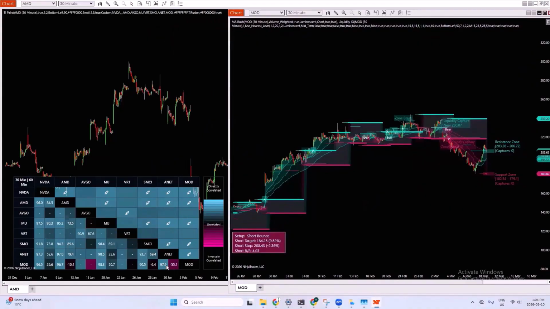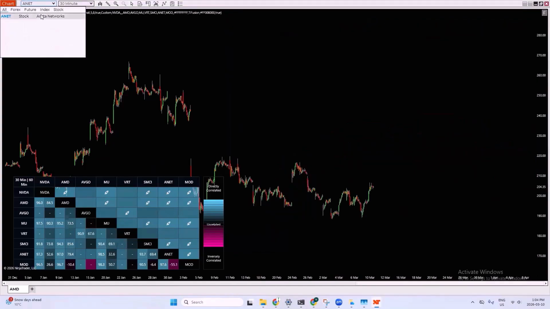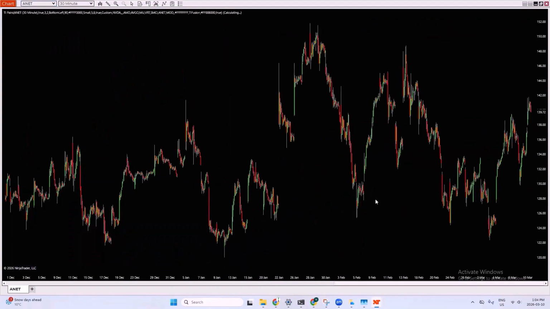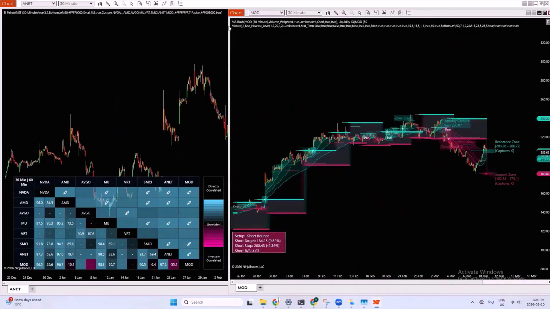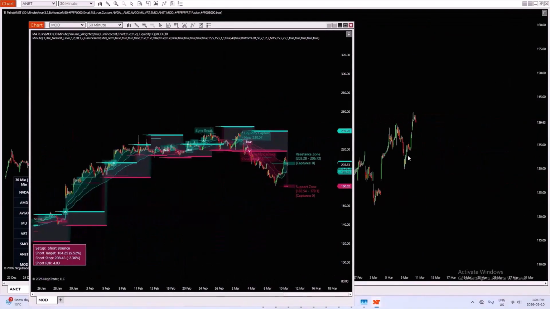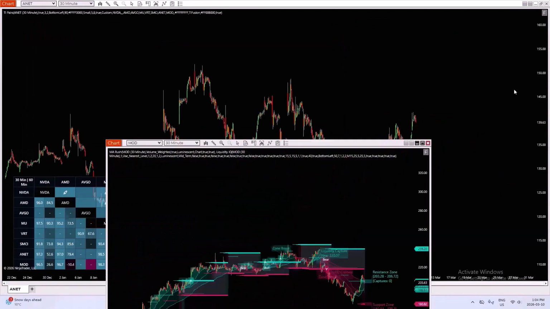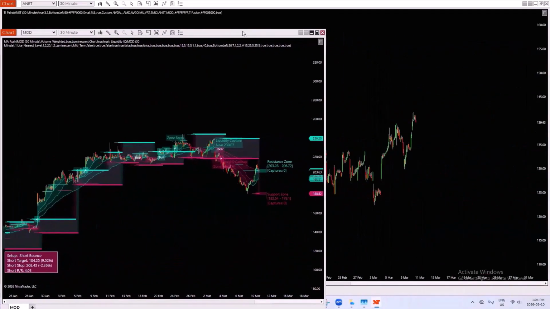And another one here, this is actually another interesting one, on mod and ANET. So Arista Networks. If I open up Arista Networks, what do we see? We see that in the short term, they look a lot alike, right? It kind of looks like AMD too. It's got that here, boom. That's where that short-term correlation is coming from, from this short-term move right here. But in the longer term, they're inversely correlated.